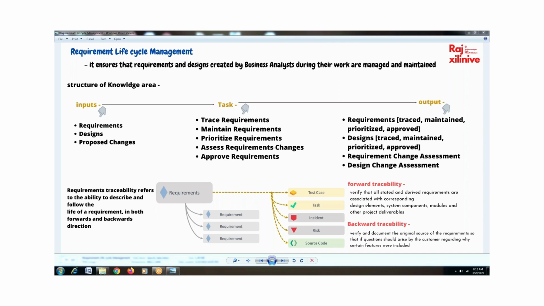How is it different? Does this differentiation come from the customer, or do we do it as a BA? Yes, being a business analyst, it is our responsibility to do this classification. Why are we classifying? Because whenever we interact with the customer in the initial phase, when we are trying to understand their problem, we will be interacting with multiple stakeholders: the business owner, the technical owner, end users, and functional heads.